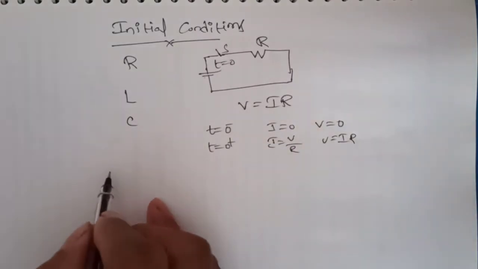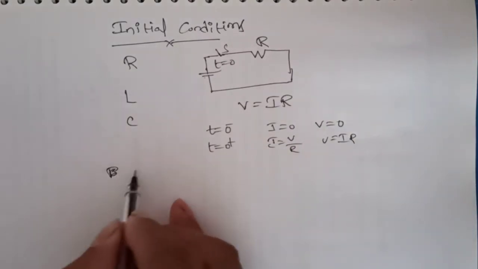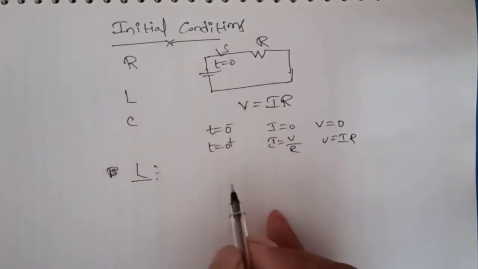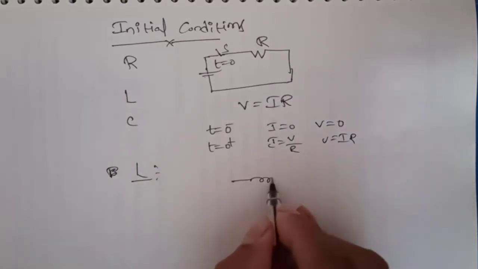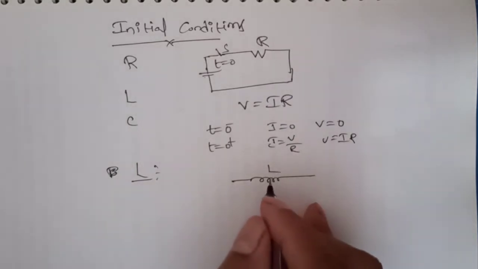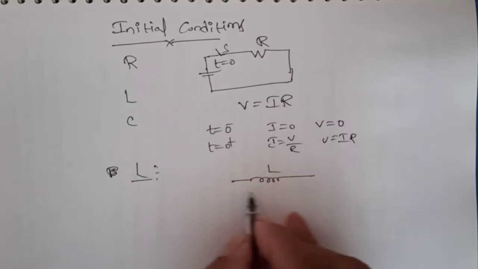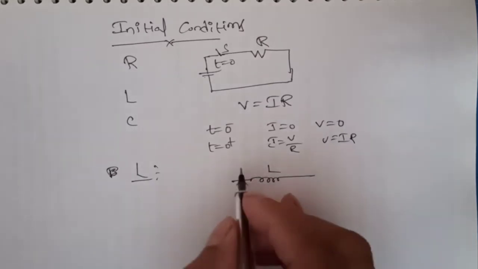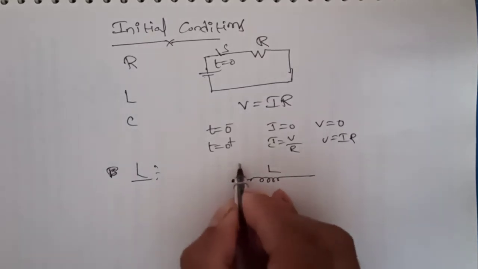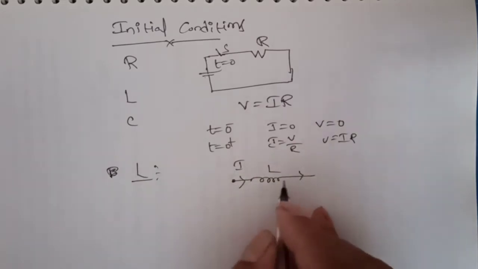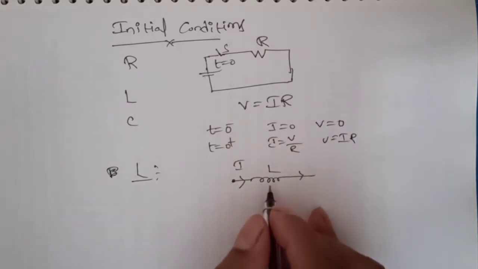And next, let us take down the initial conditions of the inductor. Let us take one inductor having the self-inductance of L and certain DC current I flowing through the circuit. Then what is the voltage induced across the inductor?